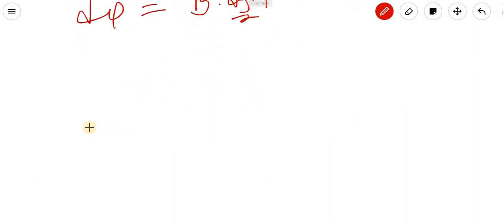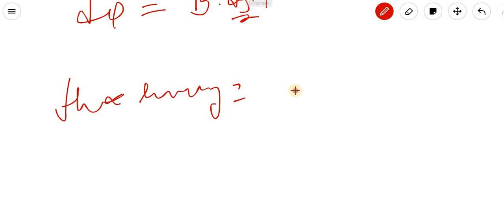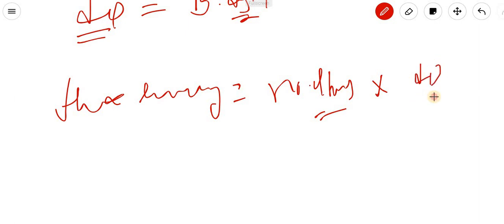Now the flux linkage, what do we know? Flux linkages are the number of turns into the flux d phi. So what would be the number of turns here?